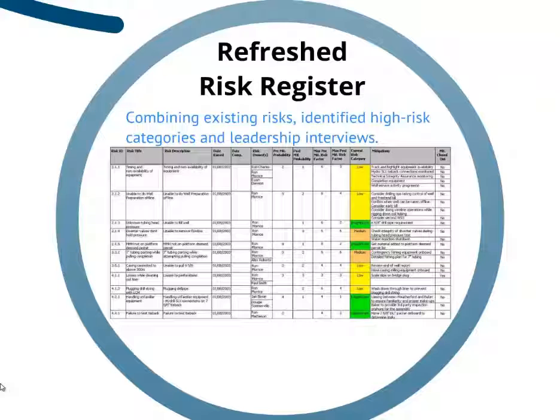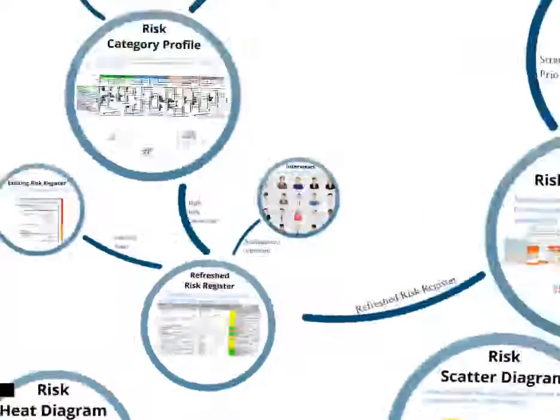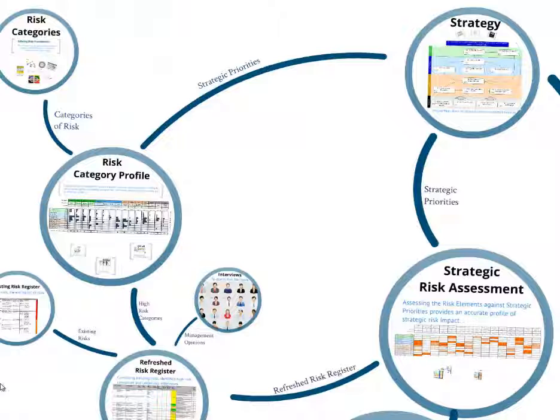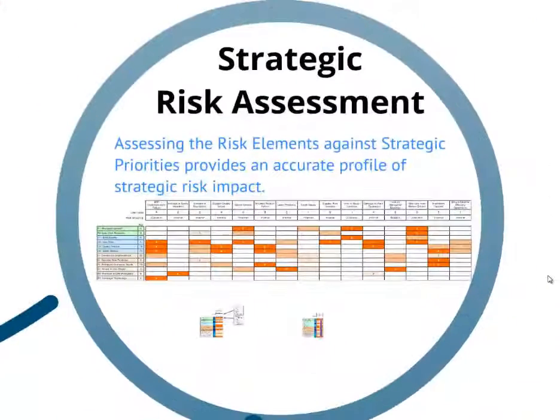Now, I open by saying some organizations are fortunate enough to be able to start here. So, if we take that refreshed risk register, what we should be able to do is combine that with our strategic priorities to be able to do a strategic risk assessment. Let's take a look at that. That strategic risk assessment allows us to look at now the individual risk elements in a sort of a standard format.